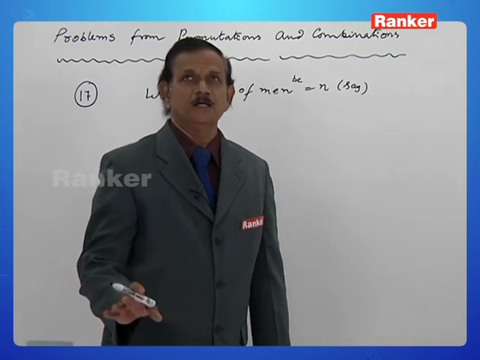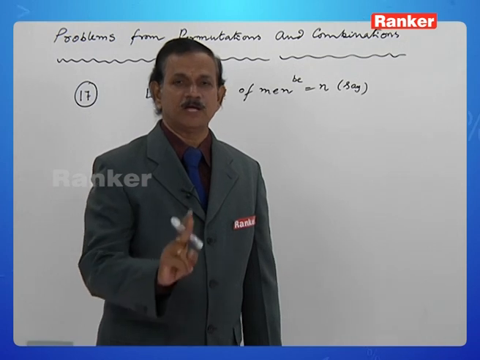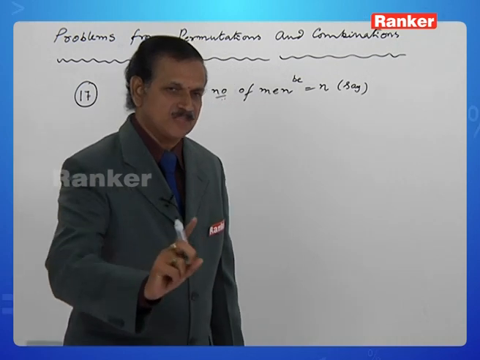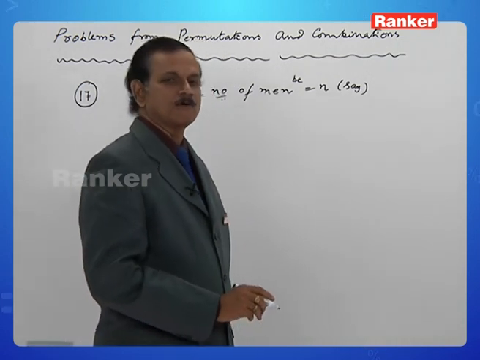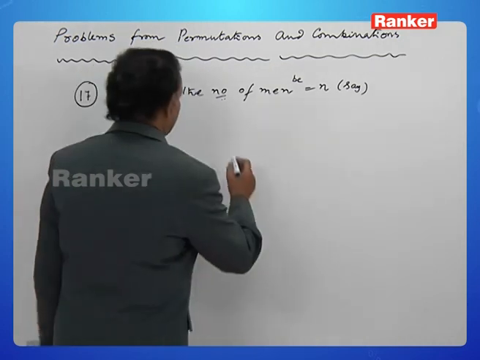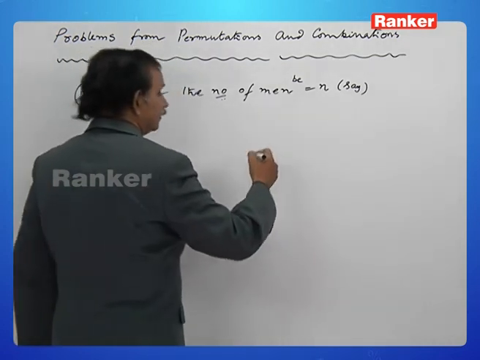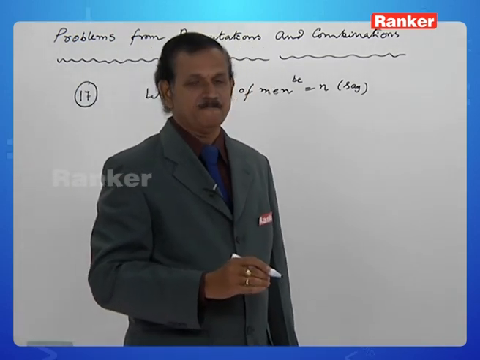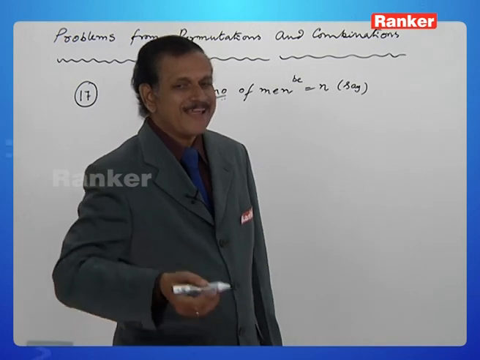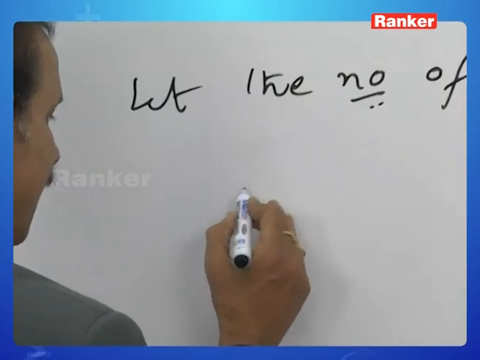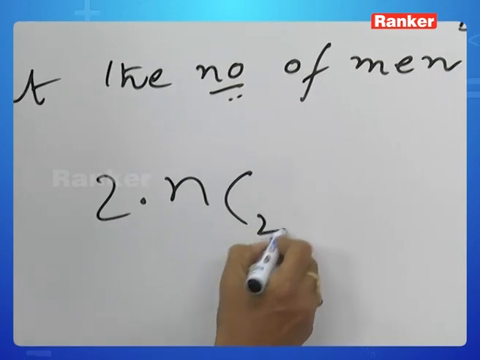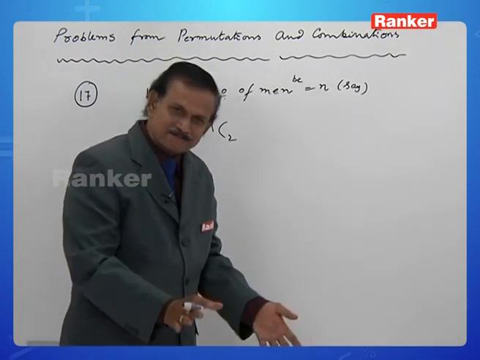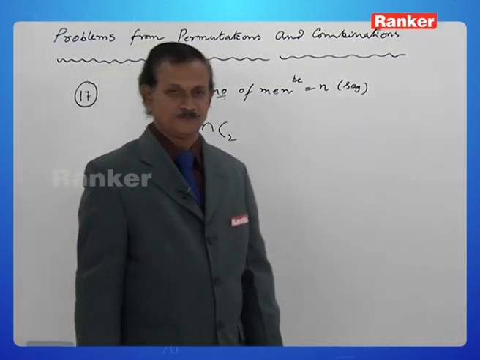In order to conduct a game, you have to have 2 persons. If one person plays one match with the other, the total number of matches is nC2. But in the present problem, the restriction is that every participant played 2 games with the other. Therefore, the total number of matches conducted among men themselves is 2 into nC2.